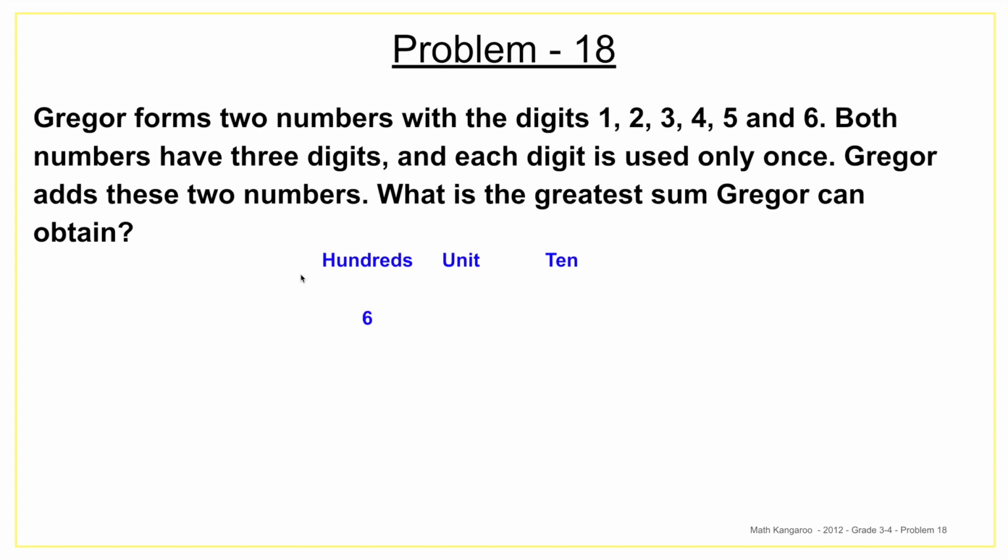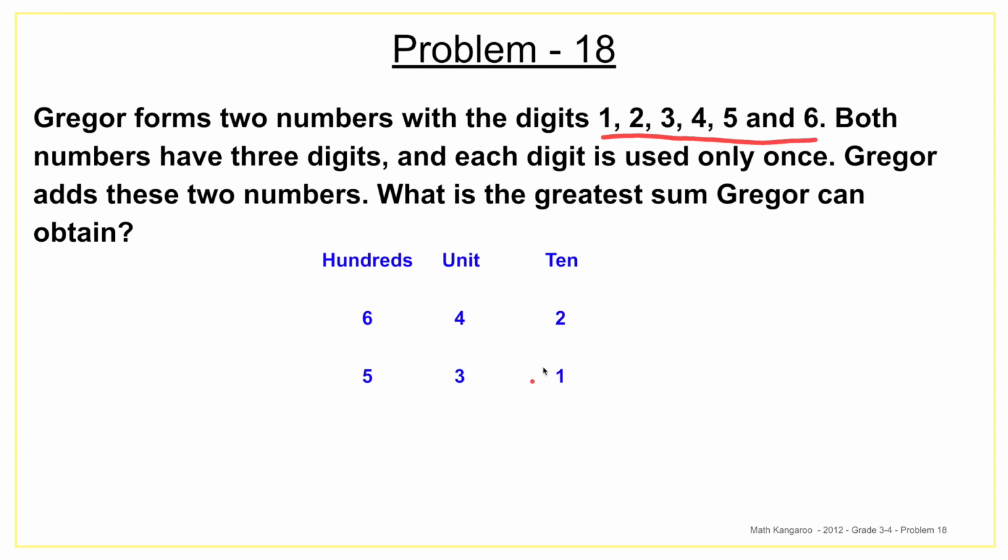So we write 6 in here and then we have another digit, so we use the next largest number there. So we say 5. Then we move on with the next lowest number, that is 4, and then we make it 3, then we make it 2 and we make it 1. So these are the largest 2 three-digit numbers we will get: 1, 2, 3, 4, 5 and 6.